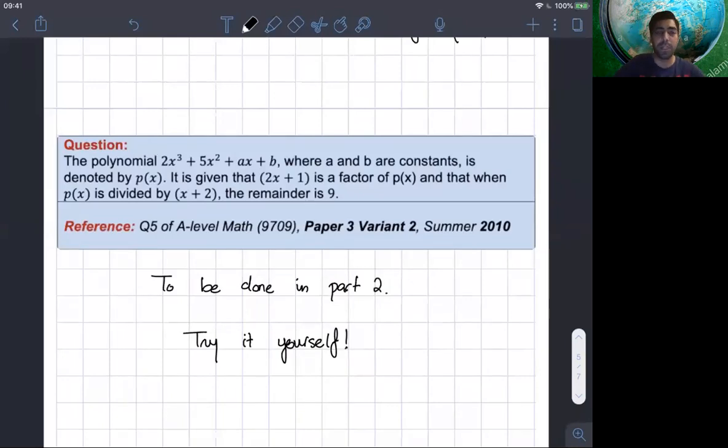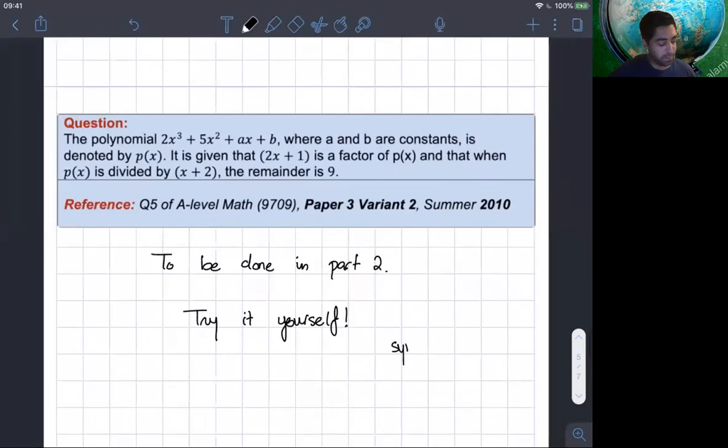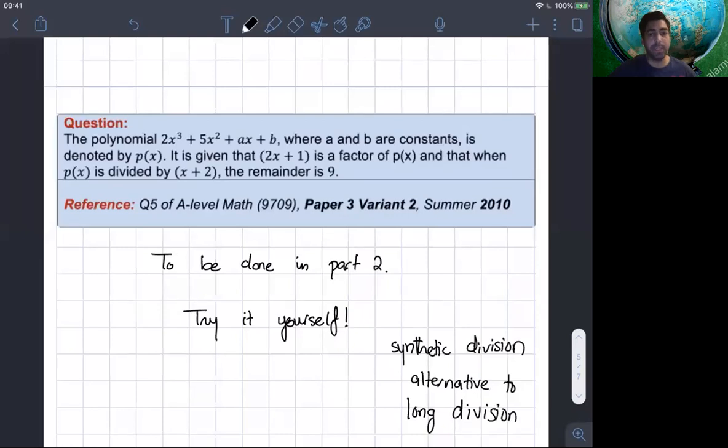So I'm going to do a part 2 on this, in which we're going to talk about synthetic division, which is a really quick way of doing division, and it's an alternative to long division. And I really like using that in the case of linear divisors especially.